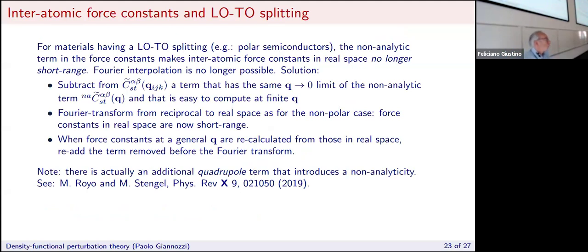It works that way. You compute the force constant in real space on a grid.